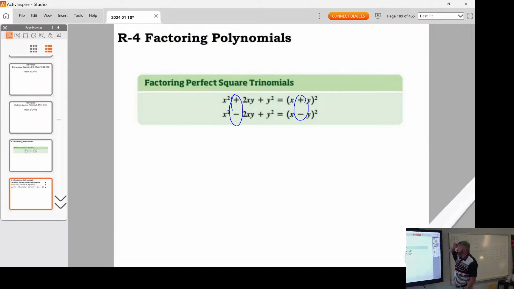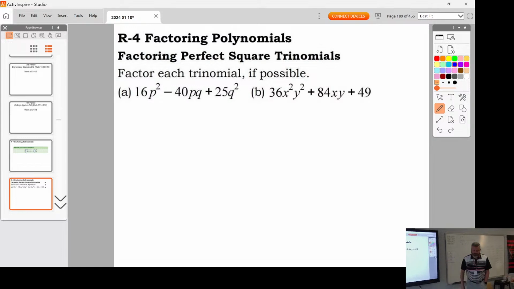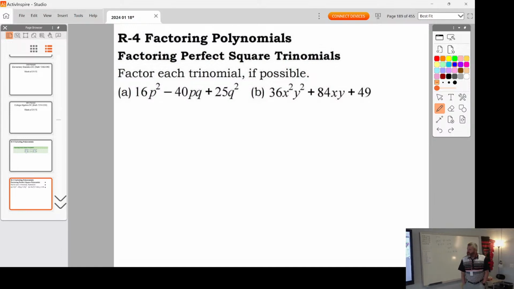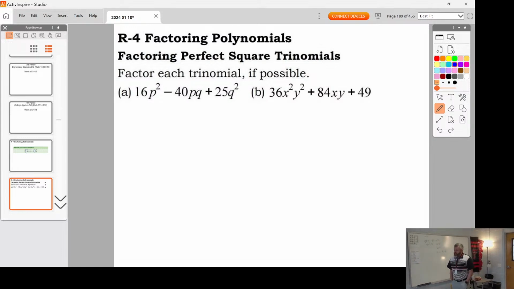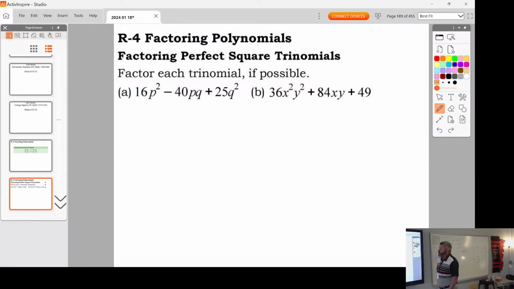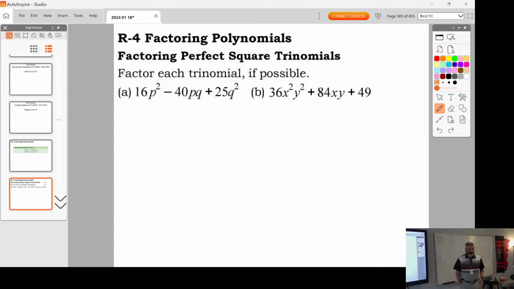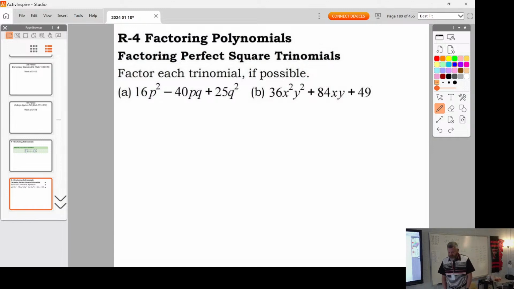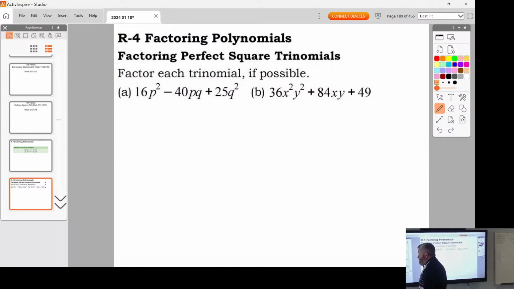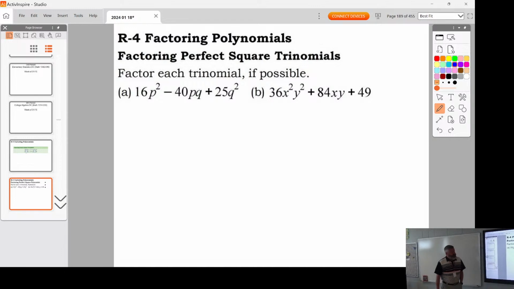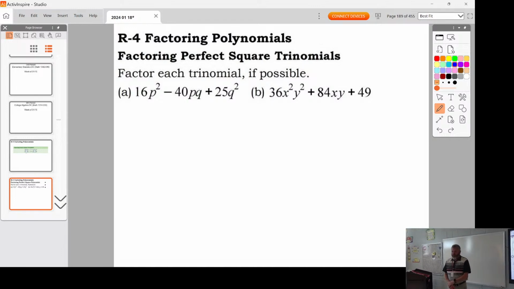Here are some that are perfect squares, and we'll walk through it and see how this works. So letter A, 16p squared minus 40pq plus 25q squared. Is 16p squared a perfect square? Yes.